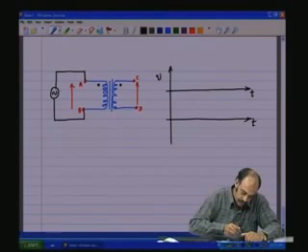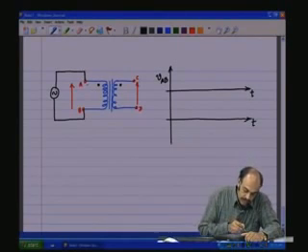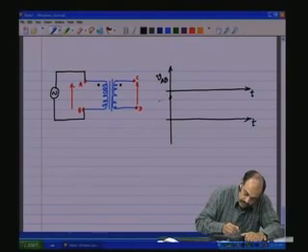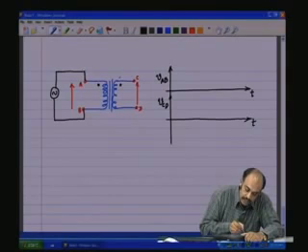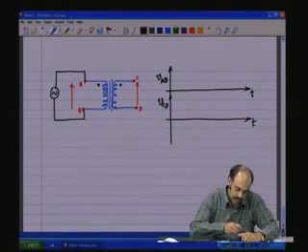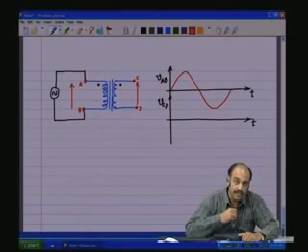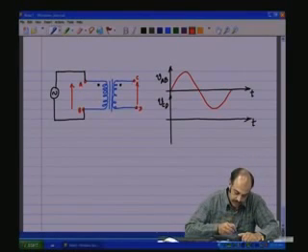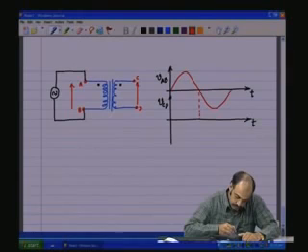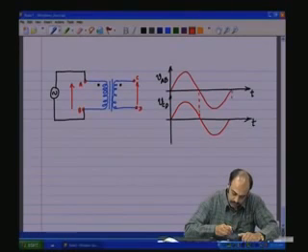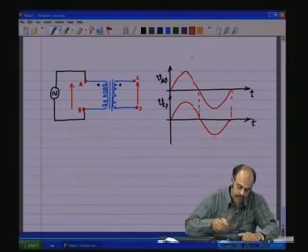Let us say VAB, meaning we are measuring at A with respect to B, and the other one is VCD, we are measuring at C with respect to D. And so, if we had a waveform of this sort across VAB, which is applied, then the voltage VCD will be in phase, as shown.